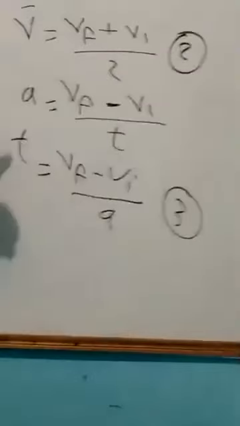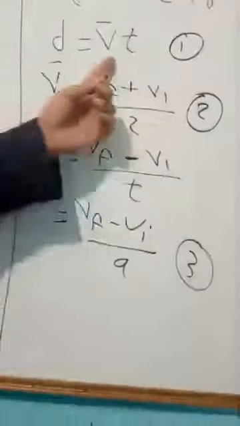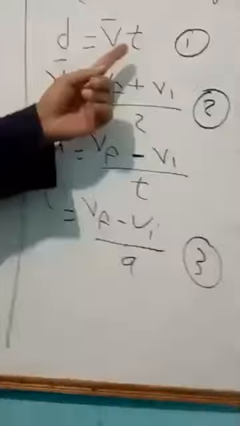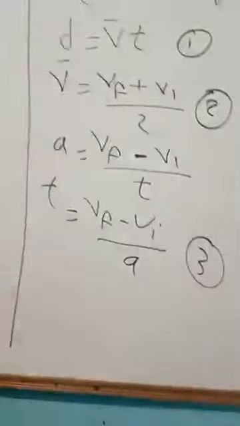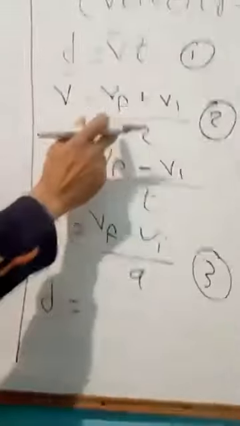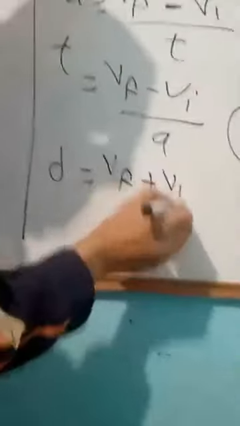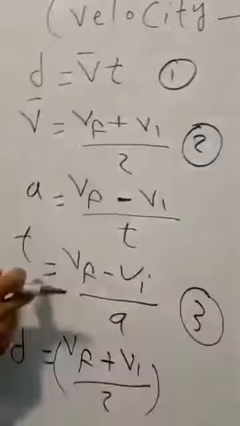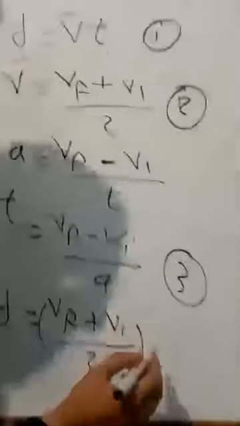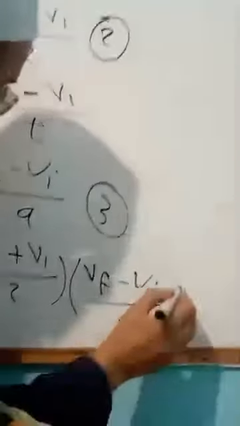If we replace the V dash in the first equation by the value of V dash in the second equation, and replace the T in the first equation by the value of time in the third equation, we can say D equals V dash, which equals Vf plus Vi over 2, and replace T by this value, Vf minus Vi over A.